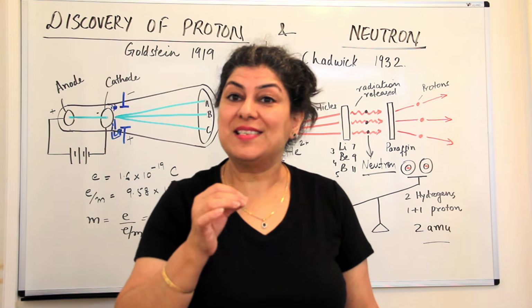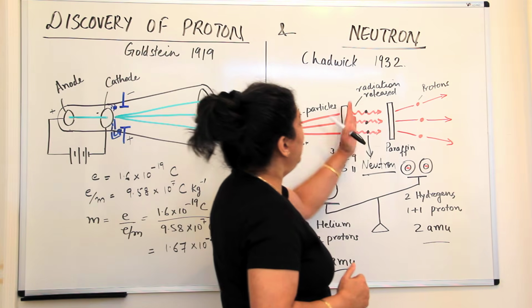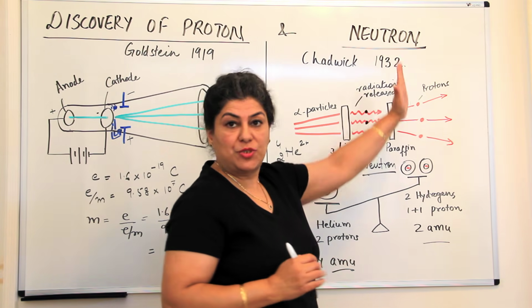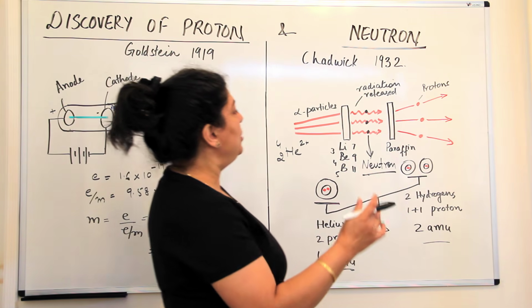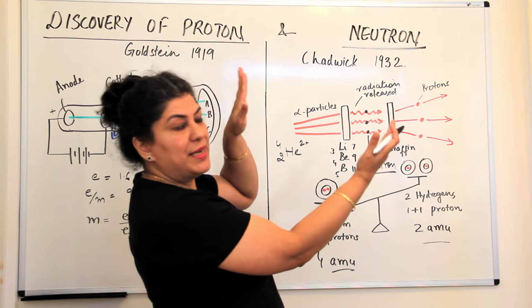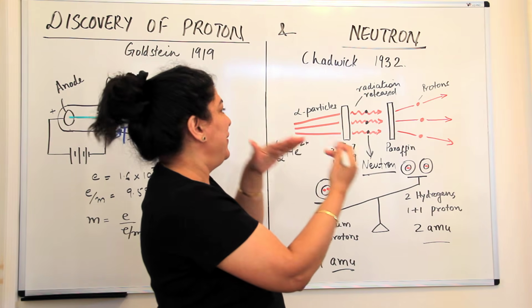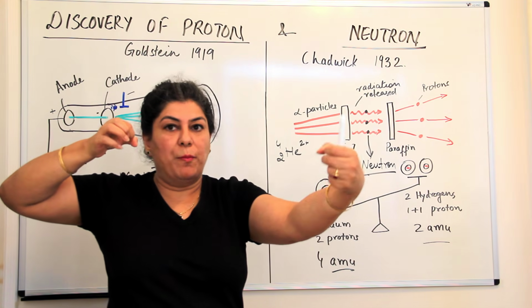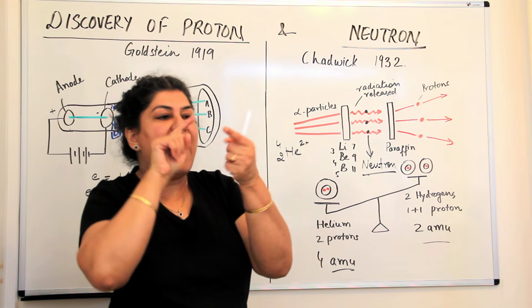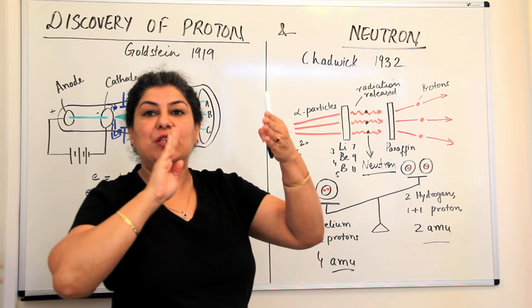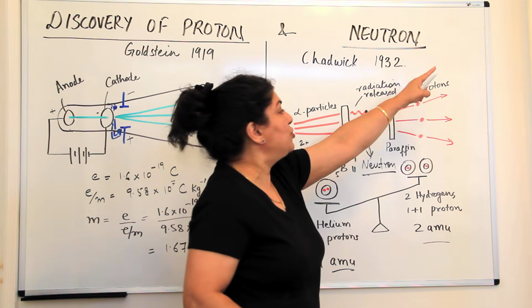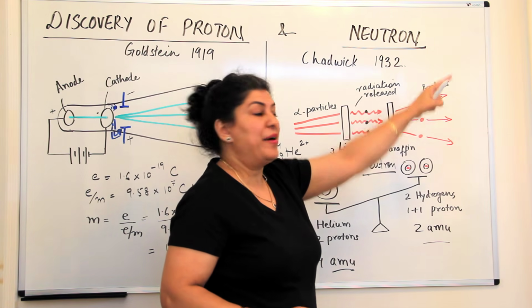When he brought them to a sheet of paraffin, he allowed whatever was being radiated to hit the paraffin. When it did that, it was as if a billiards ball hits another ball and shoots it with so much force that it pushes it further, and protons were released from the paraffin.